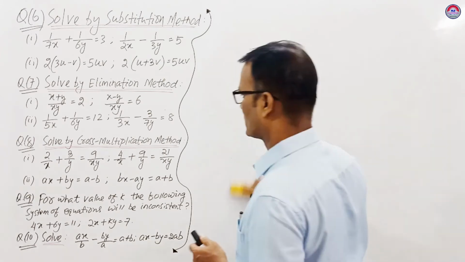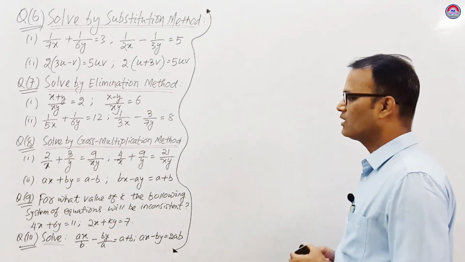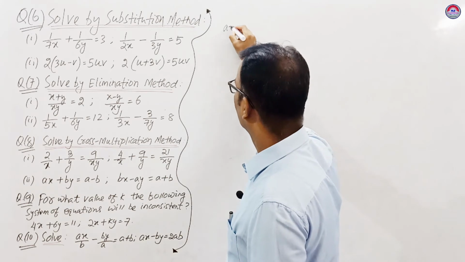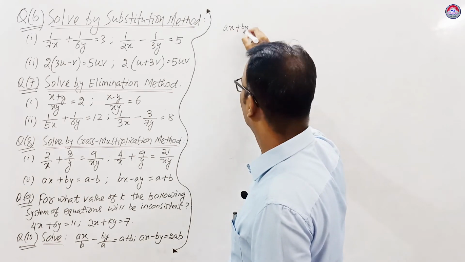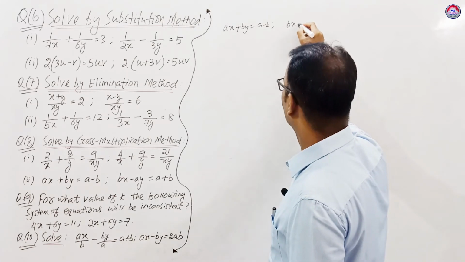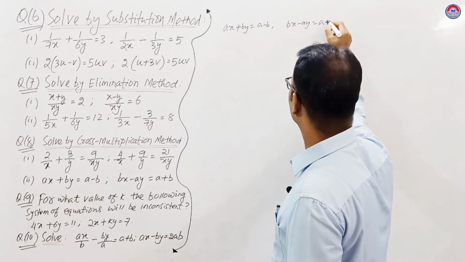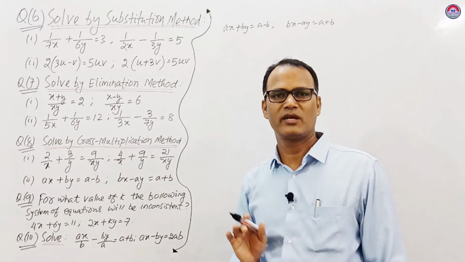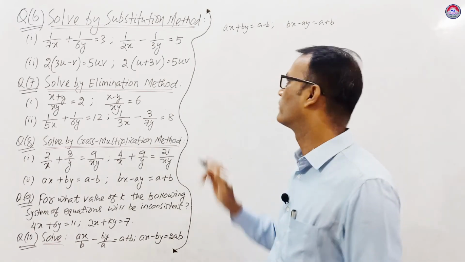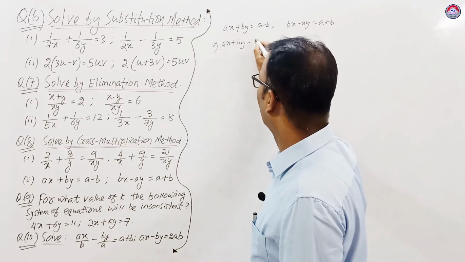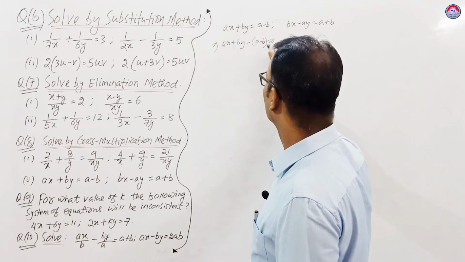Write it down. Second cross multiplication example: ax plus by equal to a minus b, bx minus ay equal to a plus b. First we write in the form ax plus by plus c equal to 0. So you see here ax plus by minus a minus b equal to 0.